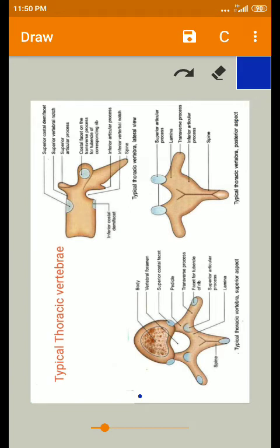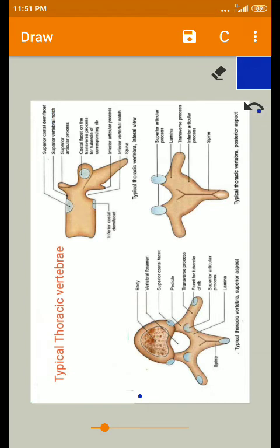So each body possesses on each side two demi-facets. One is the superior costal demi-facet and the other is the inferior costal demi-facet.